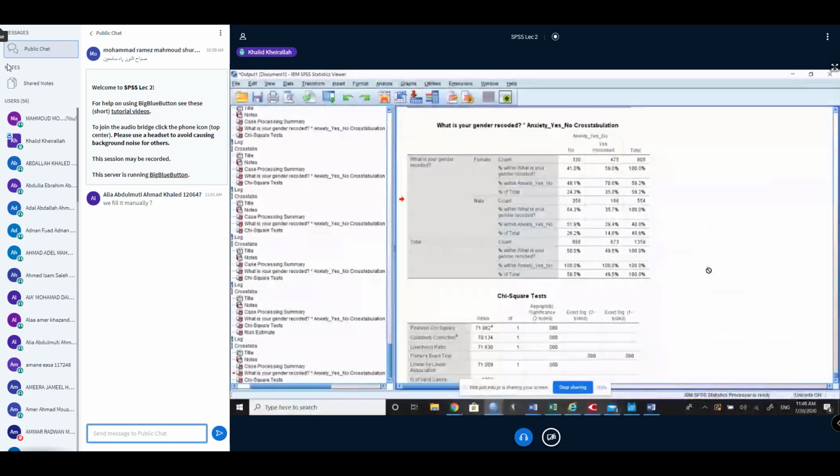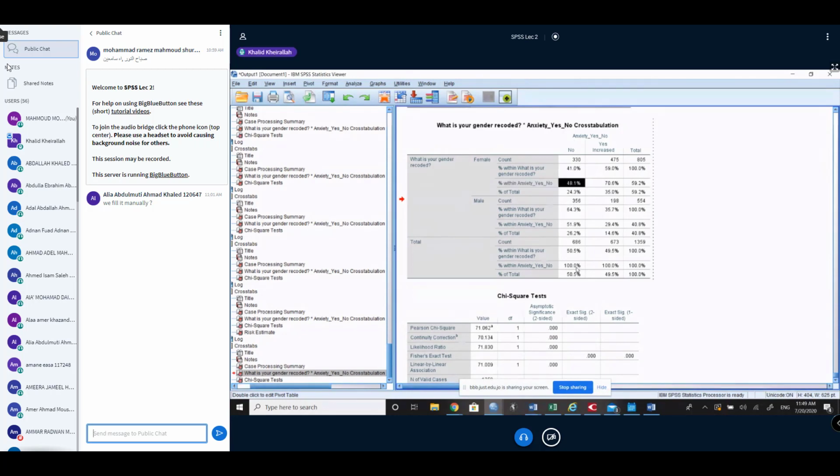So to make things a little bit more complicated, I just want you guys to play with SPSS and see what options you have. This is when you tell SPSS, I want the percentages. See, it tells you here by gender, which is by row. This is the 100%. This percentage is by anxiety, which is by column.